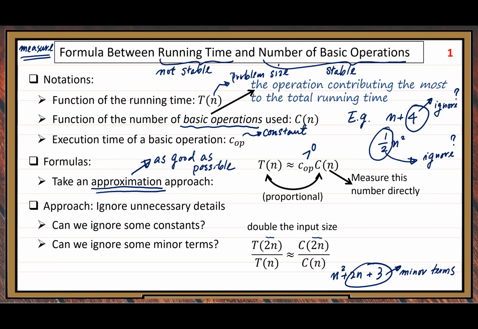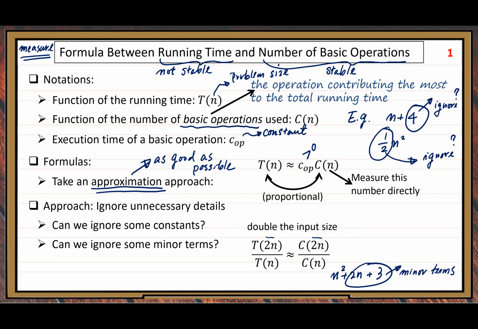After we double the problem size, we take the ratio for each individual function: T of 2n over T of n, the first ratio, and C of 2n over C of n, the second ratio.